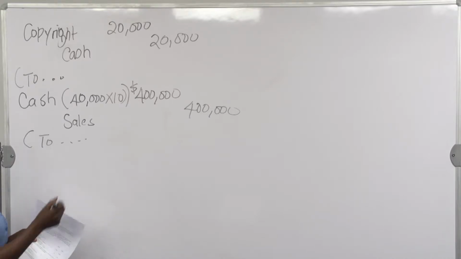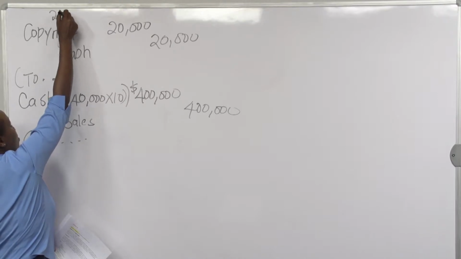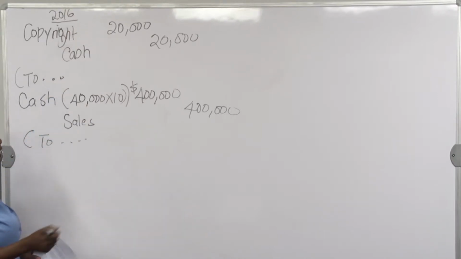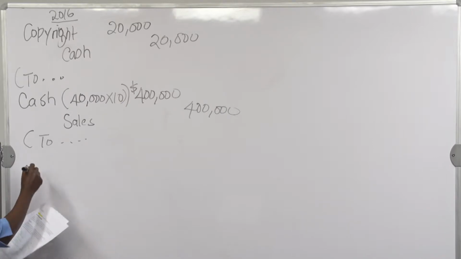Another transaction for 2016 that we need to record is the amortization. We do amortize the copyright over the useful life, which is 5 years. We do not have any other alternative way of amortizing this, so we're going to use straight line over 5 years.